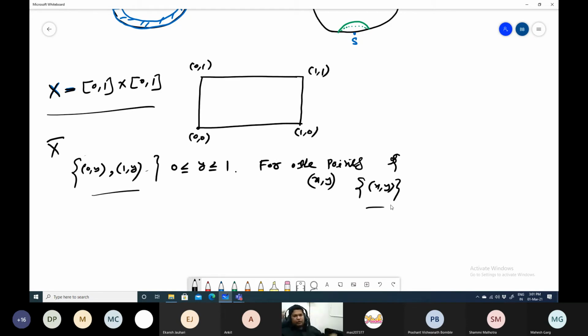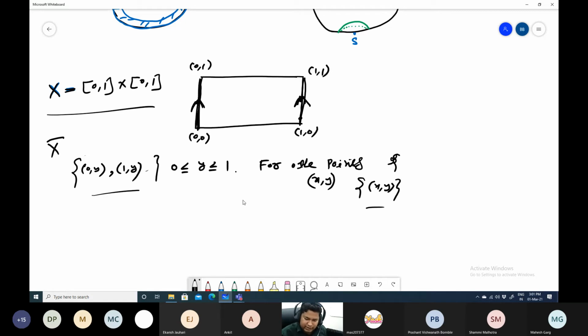Now can you tell me what will be your X bar? What is the quotient space X bar? It will be cylindrical, a cylinder. Right. So we are identifying this with this, this with this, the corresponding ones. We are identifying this edge in this direction with this.